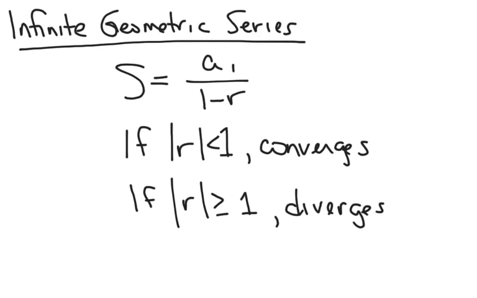If the common ratio is bigger than or equal to 1, it's going to diverge and therefore has no sum. Arithmetic sequences do not have a sum when they are infinite. Hence the reason for arithmetic sequences, we can only add a finite number.